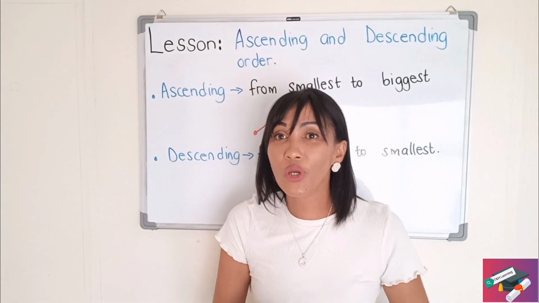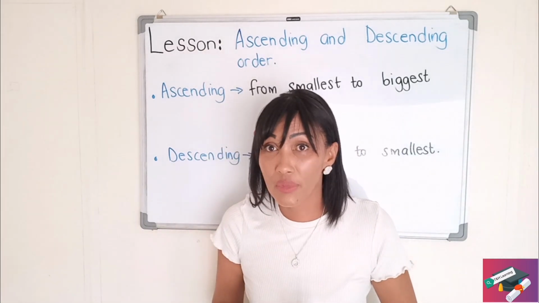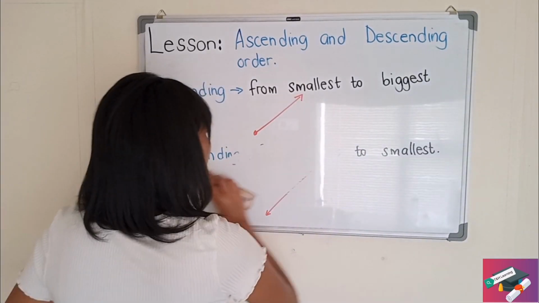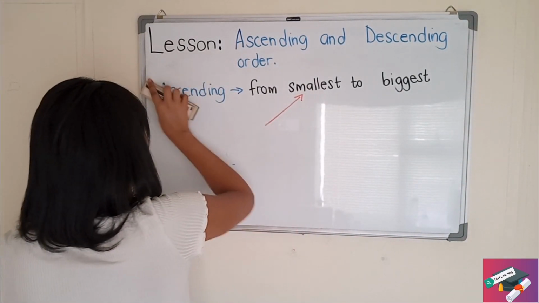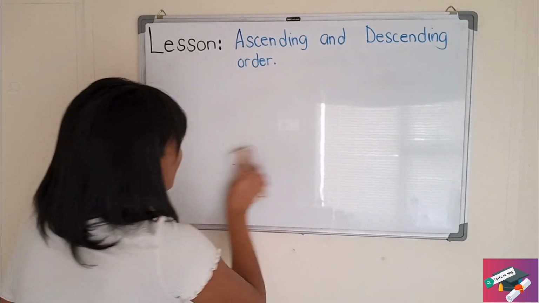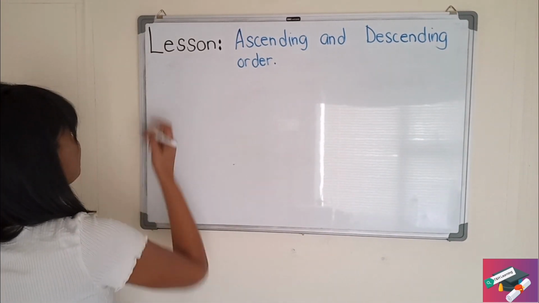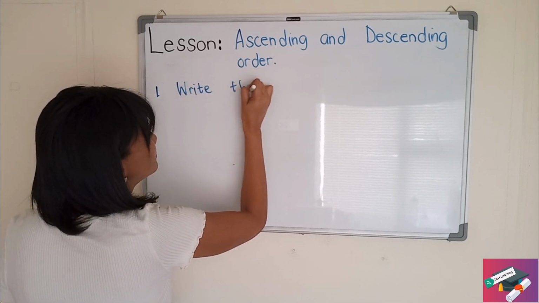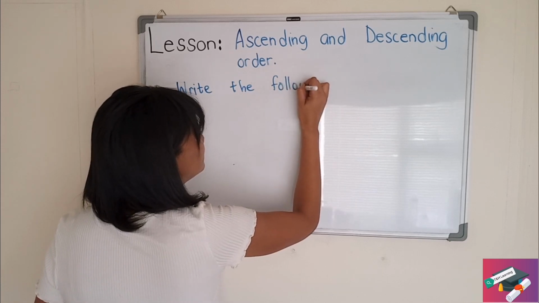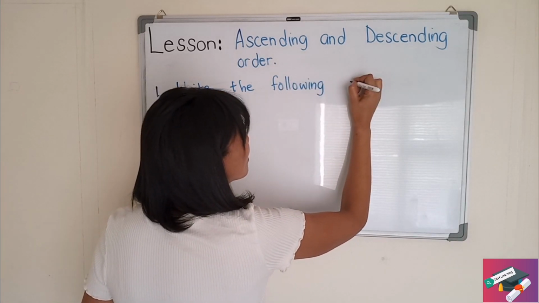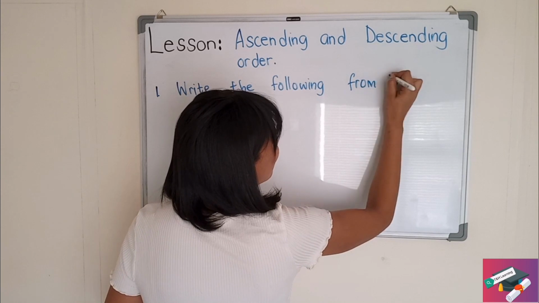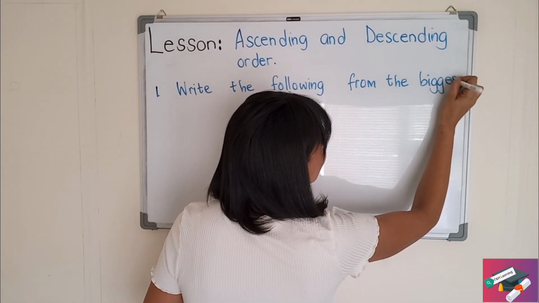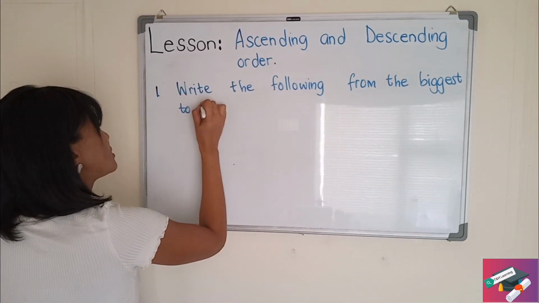Right. So let's do a few examples to see how we write numbers from the smallest to the biggest and from the biggest to the smallest. Okay, question 1. Write the following from the biggest to the smallest.